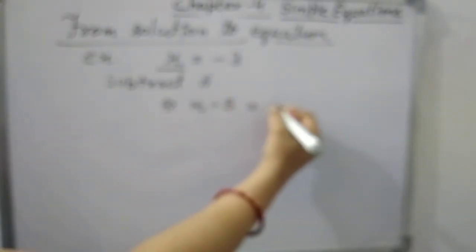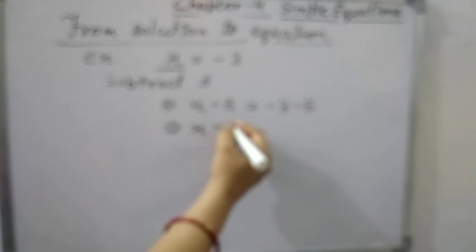So I am going to subtract 5. So equation will be x minus 5. This 5 gets subtracted from LHS and LHS was x. Similarly, we'll subtract 5 from RHS also. So it will be -3 minus 5.